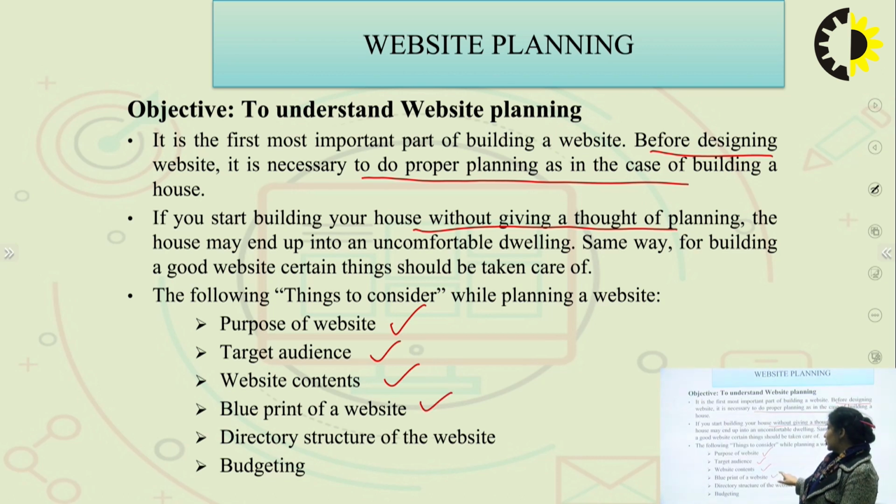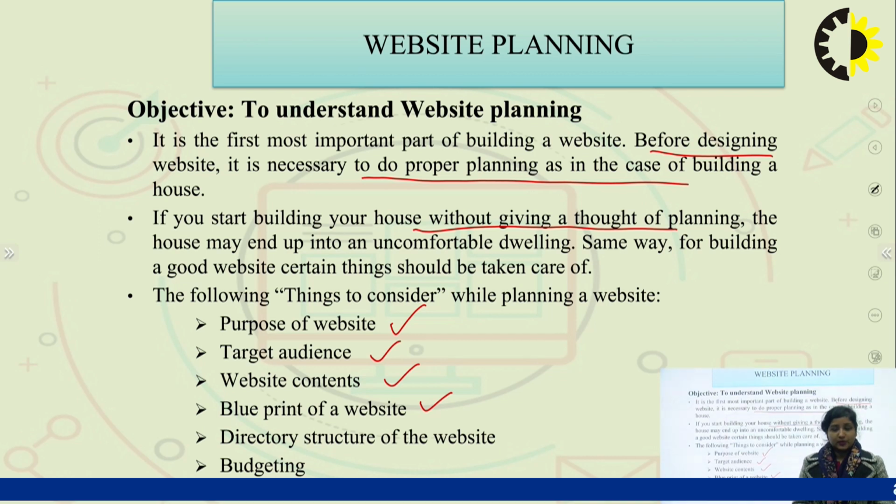Next one, the blueprint of a website. If I take the example of a house, we take a blueprint of the design of the house: how the house will look, how many rooms will be there, what will be the size of each room, etc. Similarly for the website, we need to take out a blueprint. Next one, the directory structure of the website.